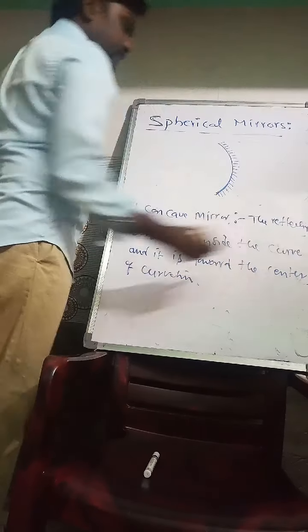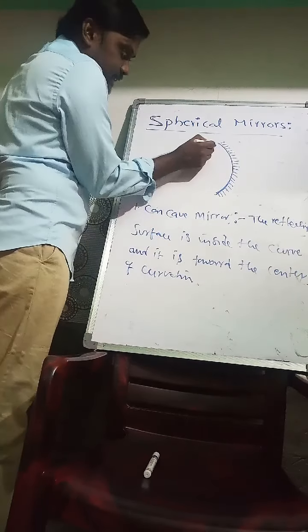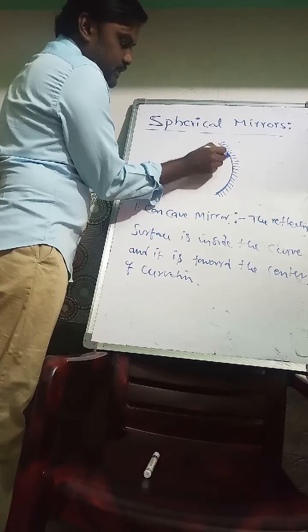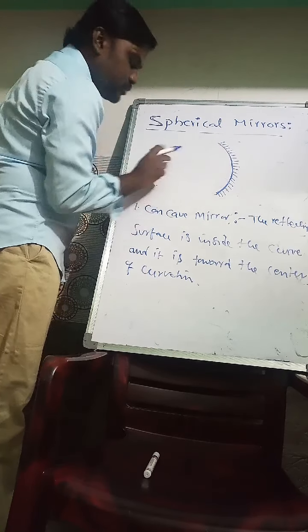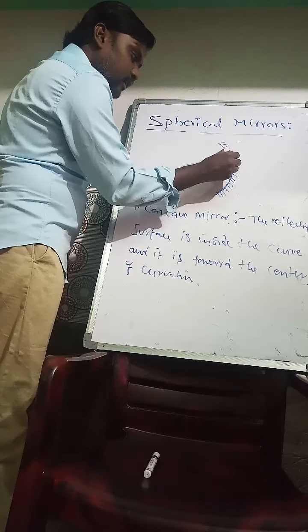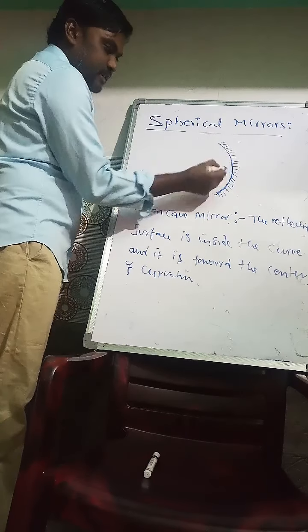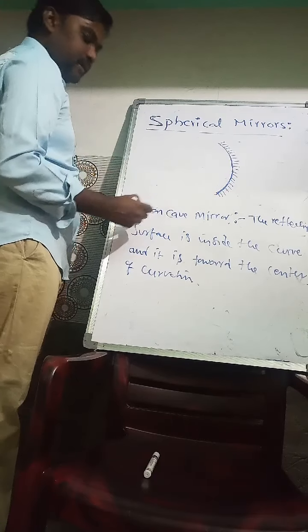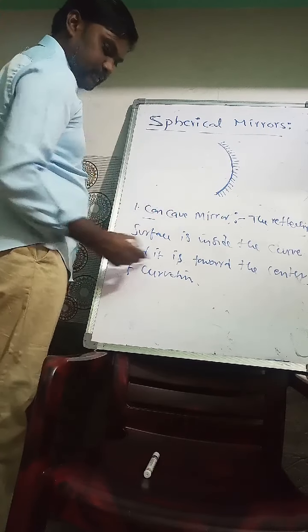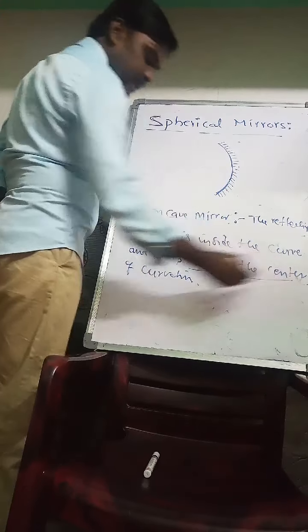This is the reflecting surface, and it is inside. That means when light falls onto this, the light will be reflected back, and this reflecting surface is inside, and it is towards the center of curvature.